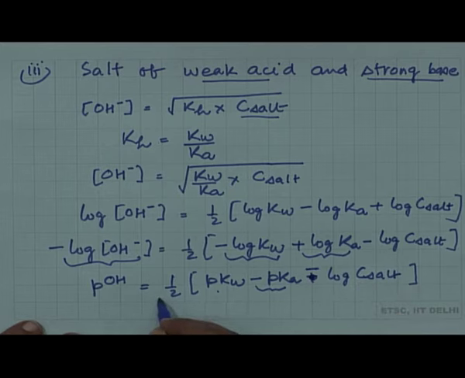So, pOH will be given by half multiplied by pKw minus pKa minus log C salt.